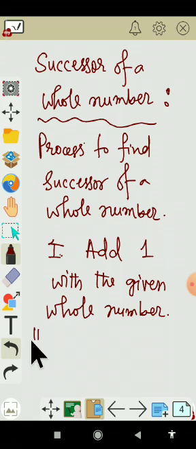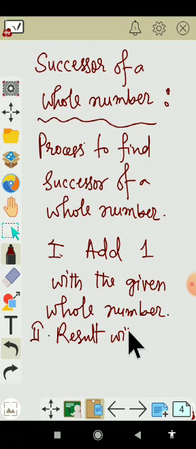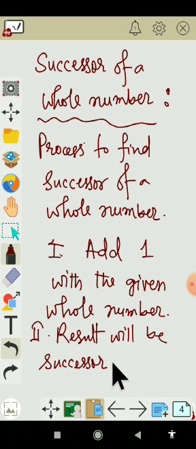Then the result will be the successor of the given whole number.